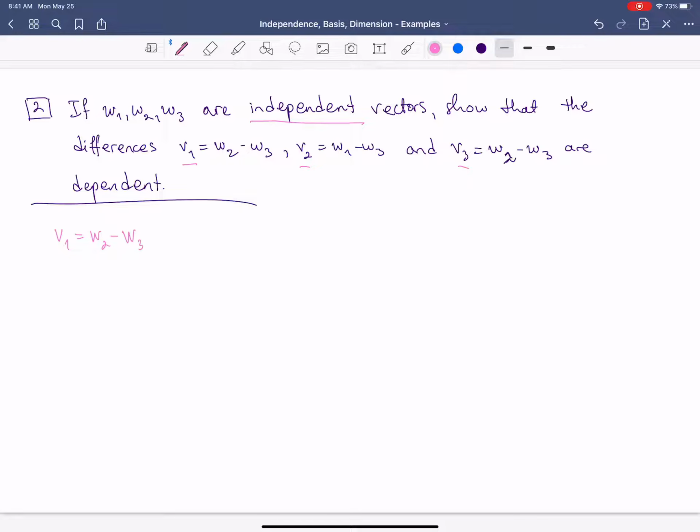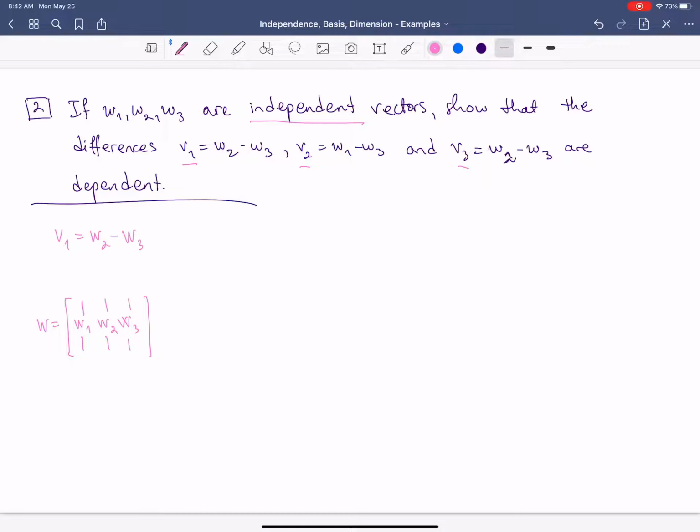So I have 3 vectors, w1, w2, w3. Let me write a matrix W that consists of those 3 column vectors, w1, w2, w3. I don't know how many components the w's have. That's not important. So now, if I'm writing v1 as a combination of the w's, then I can write v1 as W times x in some sense.